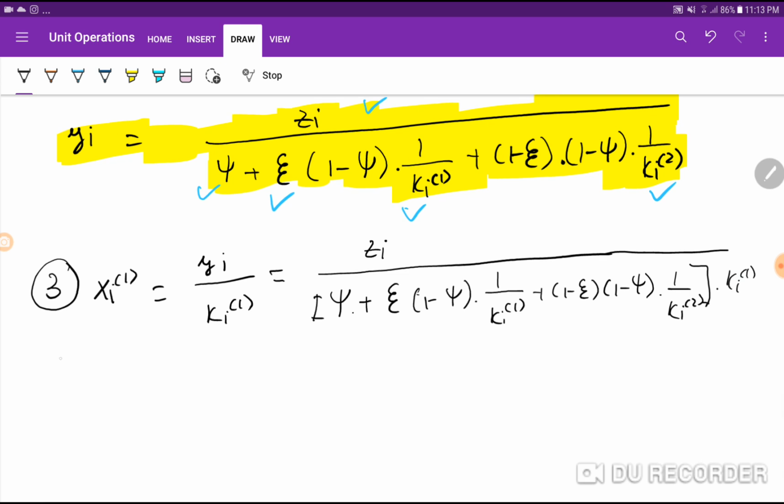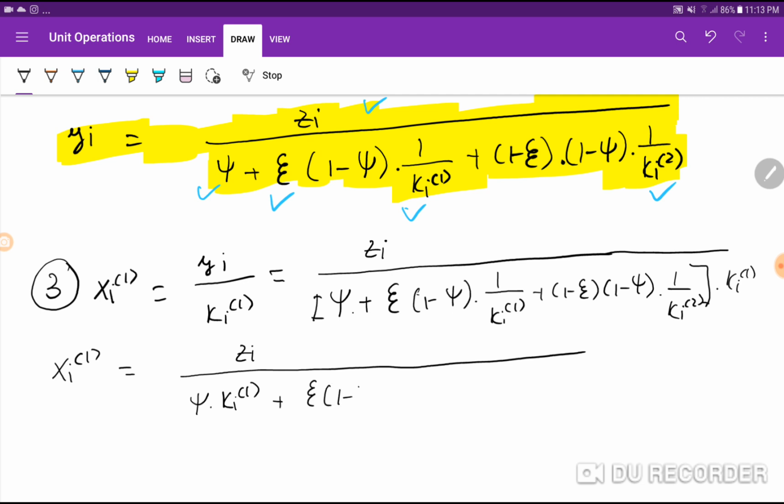So we have xi1 equal to zi over psi times ki1 plus epsilon times 1 minus psi plus 1 minus epsilon 1 minus psi times ki1 over ki2.